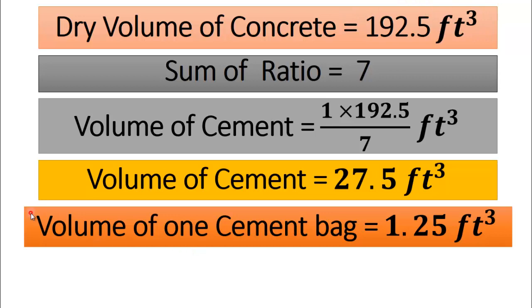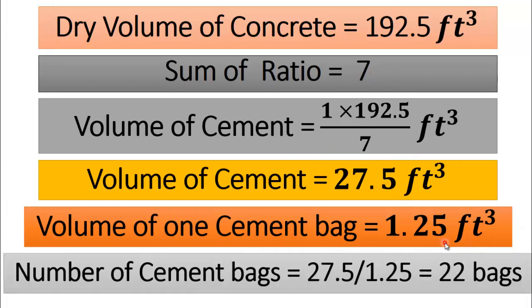So to find the number of bags, just divide this total volume by volume of one cement bag. So we will get number of bags of cement is equal to 27.5, which is the total volume of cement, divided by 1.25, which is the volume of one cement bag. We will get the number of bags of cement is 22 bags.